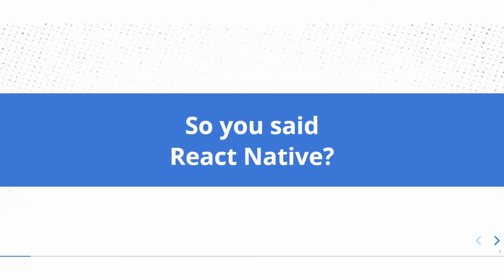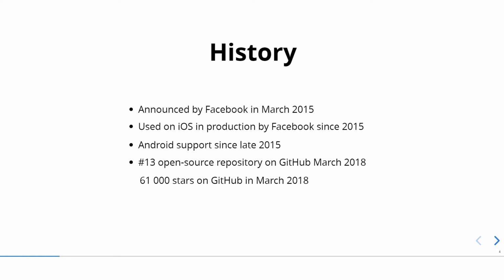So I said React Native, so let's do a bit of introduction about it. It was announced by Facebook in March 2015, and in fact it was already used by Facebook in production on iOS only, on an application called Facebook Ad Manager, and then it was used on other Facebook applications.